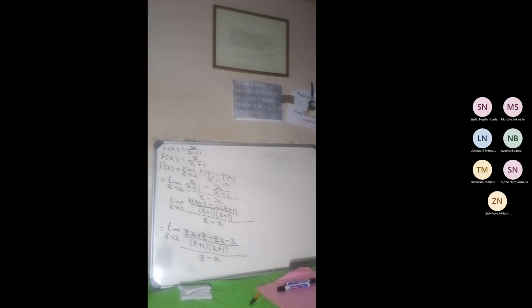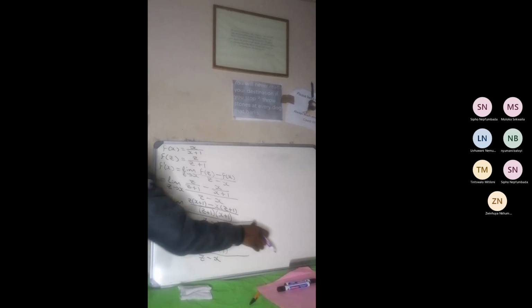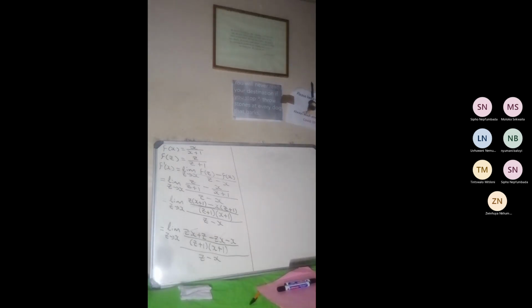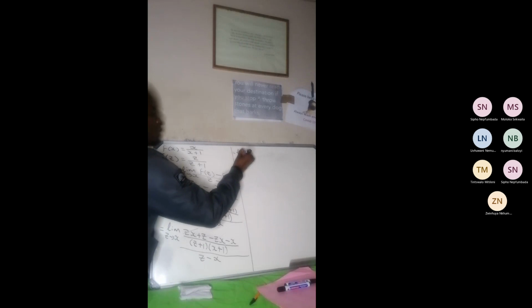Then on our numerator, we're going to group the like terms. It means zx and negative zx are going to cancel each other. Then we're left with this equation of function x. This is the limit of z approaching x.